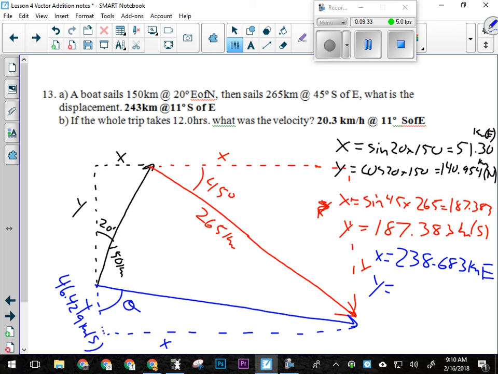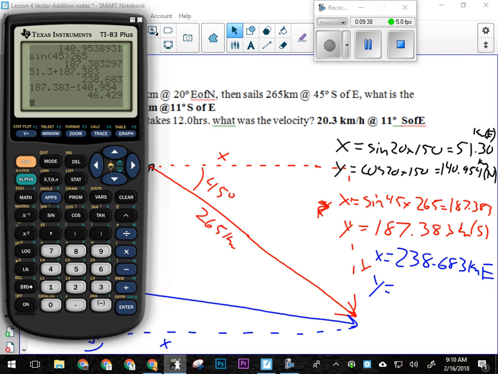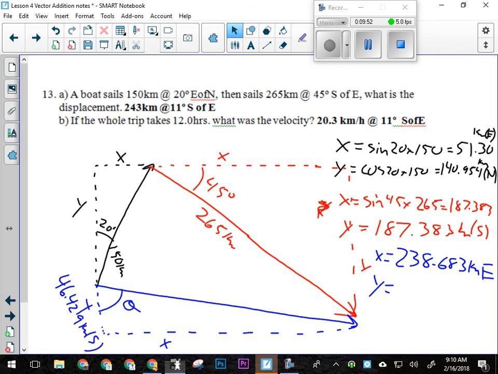Kilometers south. All right, now that I've got those, I can calculate my overall displacement using Pythagorean Theorem. All right, so we're looking at 243.156 kilometers.